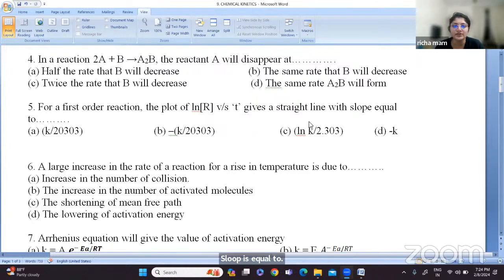Yes, Dhanush, Vedvati, the answer is correct.